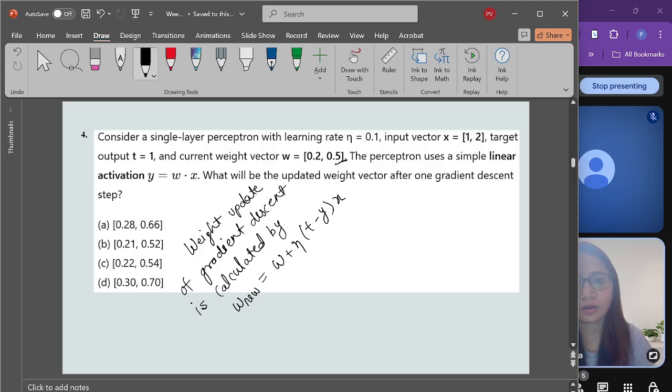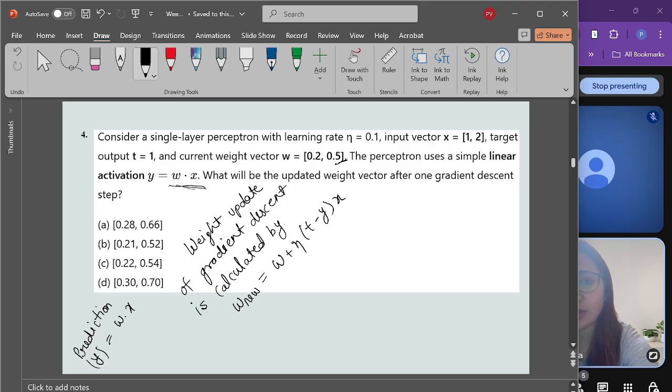And here the output y is not given, so first we need to calculate y, that is, the prediction y is calculated by w into x.